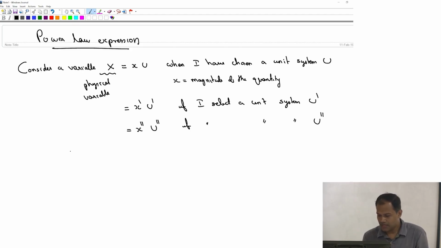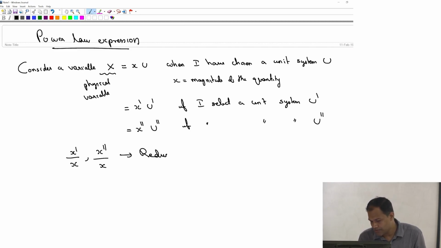For example, x prime by x will be some number. x prime is the magnitude in a unit system, x is the magnitude in some other unit system, and they will be related by some number. Similarly, x double prime by x. These are called reduction ratios. Reduction ratios are nothing but the numbers that you need to multiply when you are moving from one system of units to another system of units.